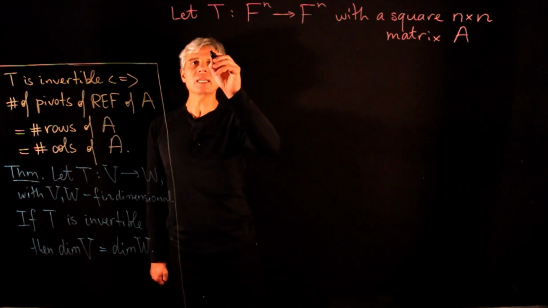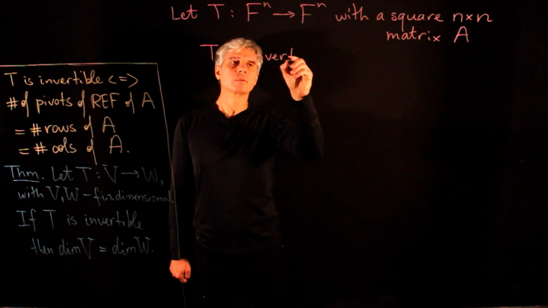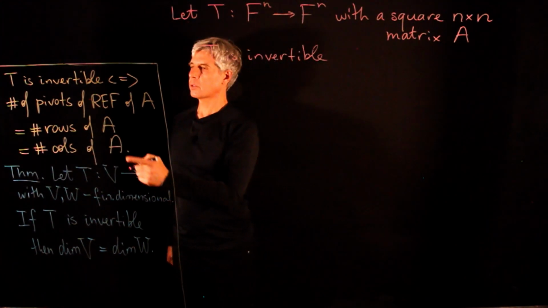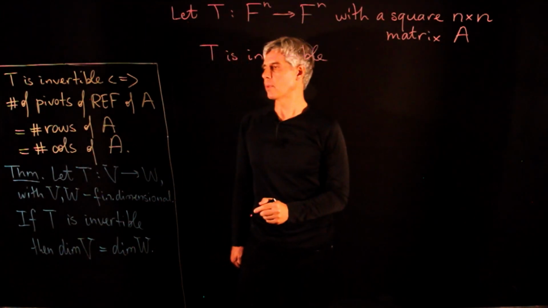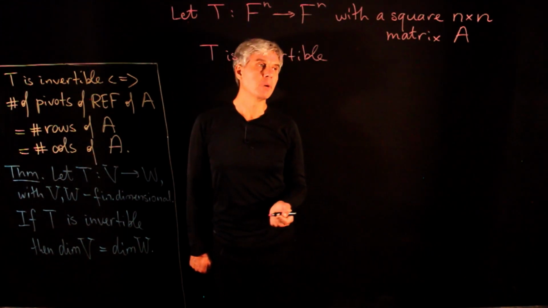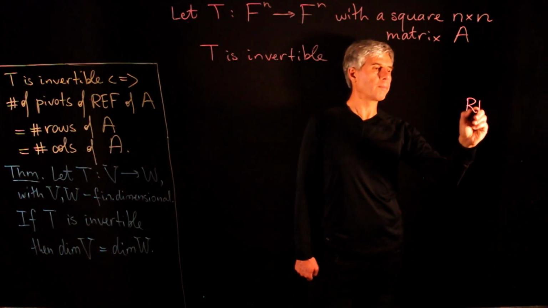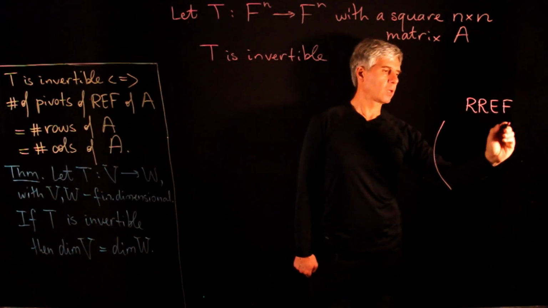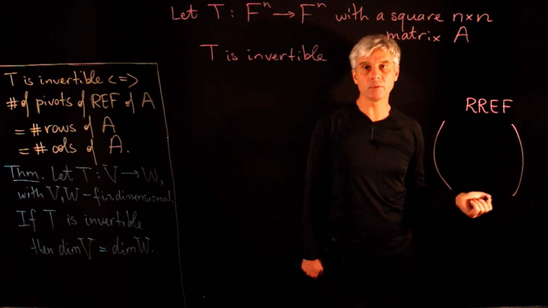So T is invertible if and only if the number of pivots in reduced row echelon form of the square matrix A is equal to n. But how can a reduced row echelon form look like if we have an n by n matrix and we have n pivots?